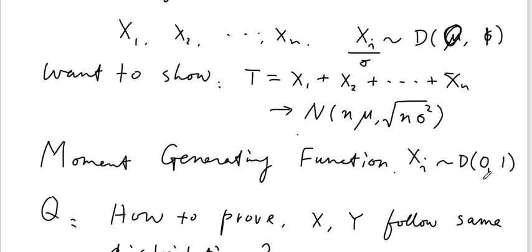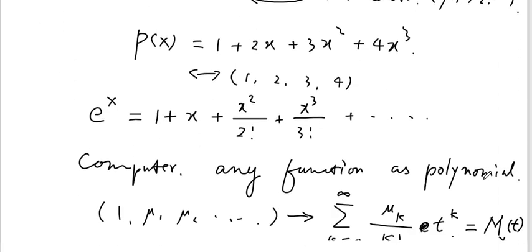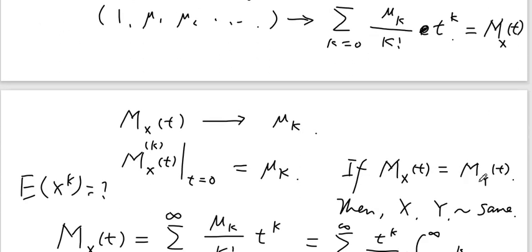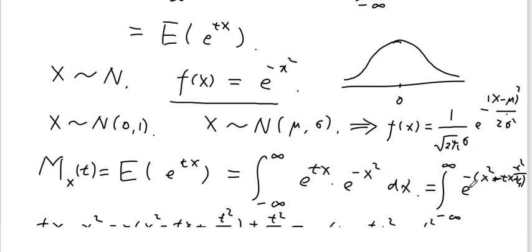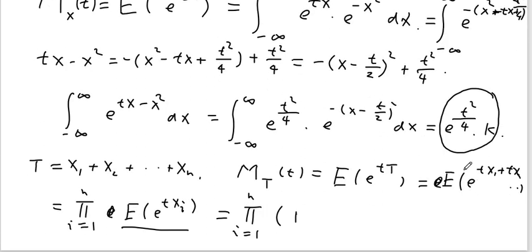If this is mean 0 and variance 1, then go back: 1 plus mu 1 t, where mu 1 is 0, then plus mu 2, which is 1 over 2, times t squared, then the higher terms, right?